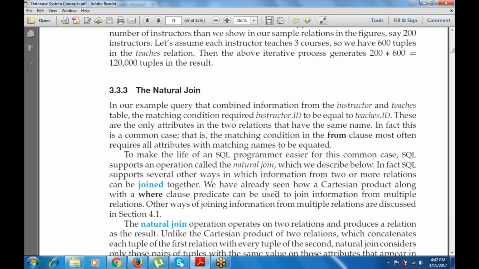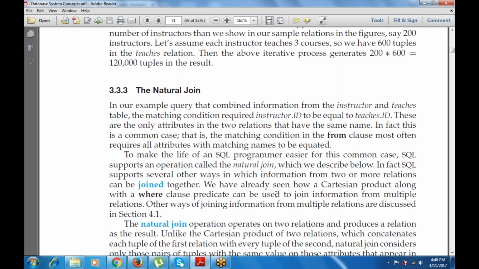And to make the life of an SQL programmer easier for this common case, we can use a natural join, that is described below. In fact, SQL supports various forms of join, including the on predicate, to join the information from multiple relations.